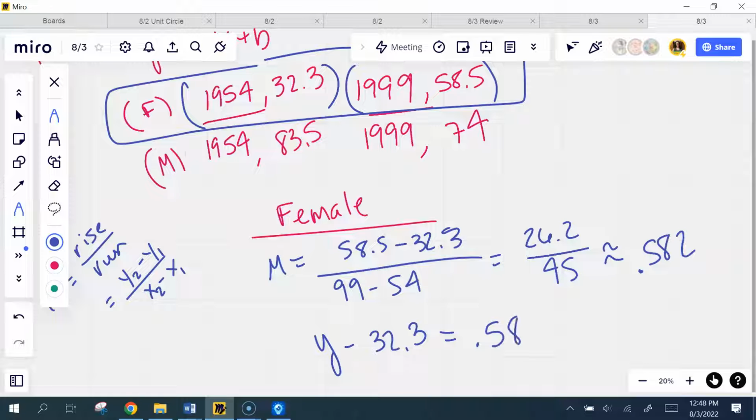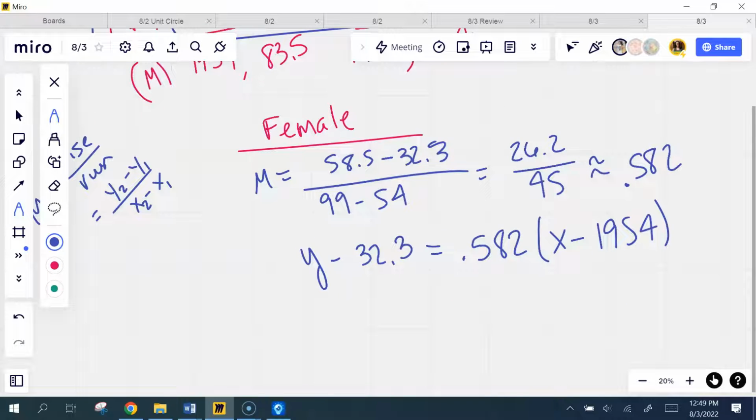I'm going to finish this one, and then I'm going to let them do one and all. But that's not what they asked me to do, right? They asked me to put it in slope-intercept form. So how do you get it to slope-intercept form?